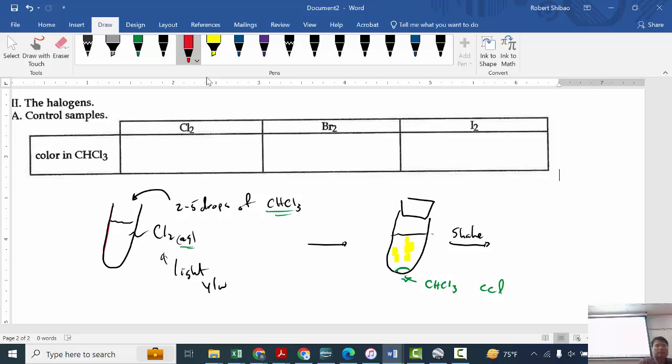So what we have is chlorine, which is non-polar, and then we have water, which is polar. So the water is the polar layer here, and then we have a non-polar layer down here. When we shake this, we're going to try to get all the chlorine into the chloroform.